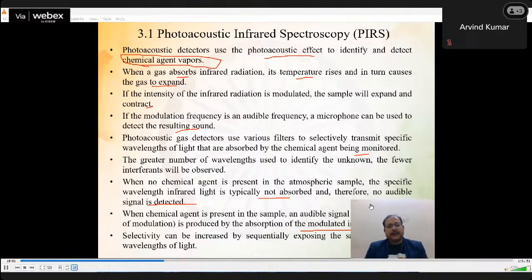Selectivity can be increased by sequentially exposing the sample to several wavelengths of light. So if we are not getting any audible signal, we can say the sample is free from any agent. If we are getting some audible signal, then there is a probability of agent in this zone.